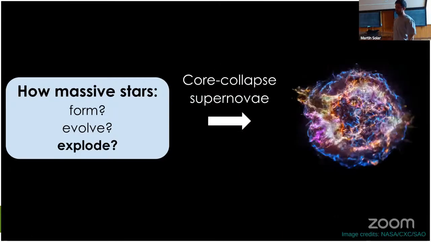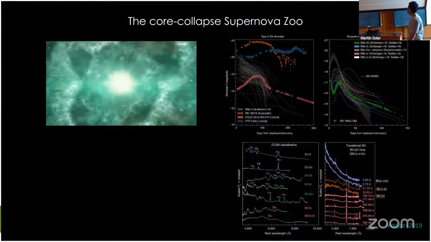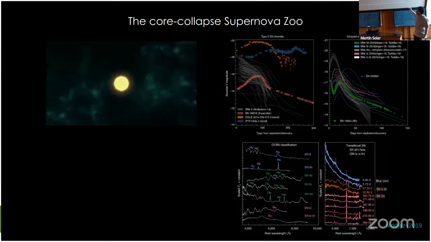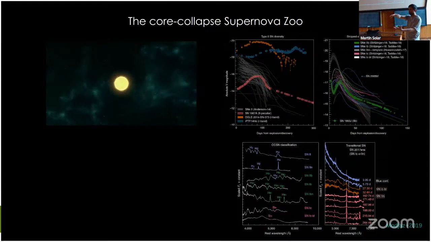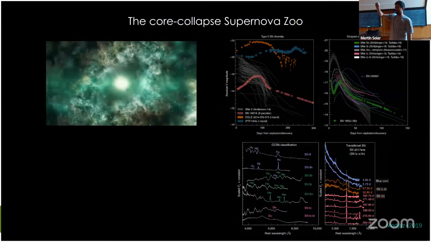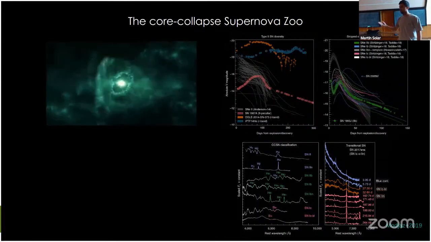So I guess the best way to start defining this is with the explosion, how these stars explode. And this is, as you can see from the title, core collapse supernovae. So here you have the core collapse supernova zoom, in which in the top panel you have the photometric evolution for the explosion of a star. Basically, the explosion expands, and it's given by the photometry. At some moment it will reach the maximum light in the optical and will decay.